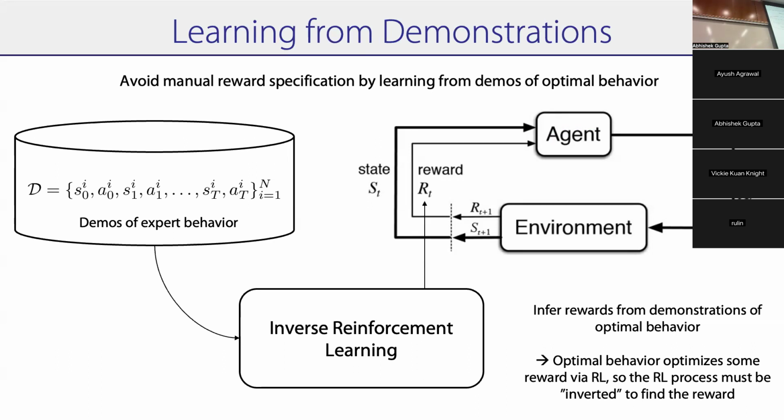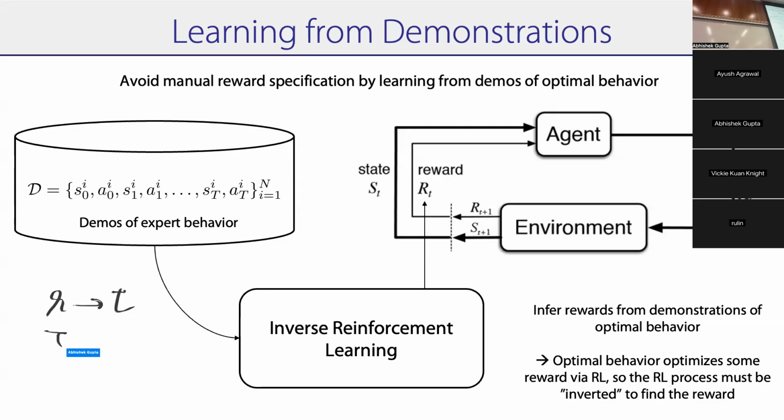So the idea of inverse RL: you collect a bunch of expert data, you infer what the rewards were that explain the demonstrated behavior. Once you get the reward, you then need to optimize a policy which generalizes more than just these expert demos. The reason it's called inverse RL is because RL goes from reward to trajectory.